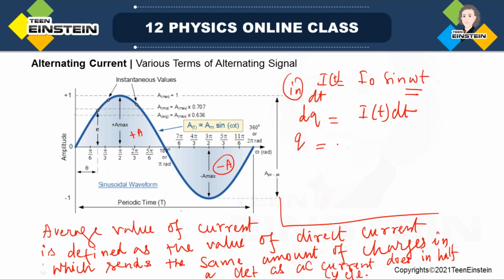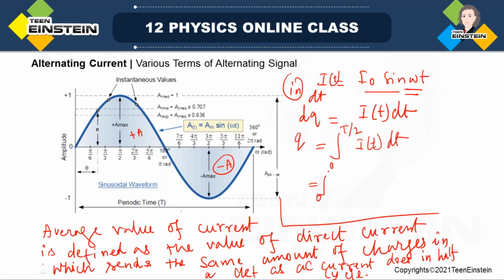So if I want to calculate the total charge in half cycle, integration from 0 to T by 2, half cycle. Generally the time period of a full cycle, capital T is the time period, you might be knowing. So it is I dt.